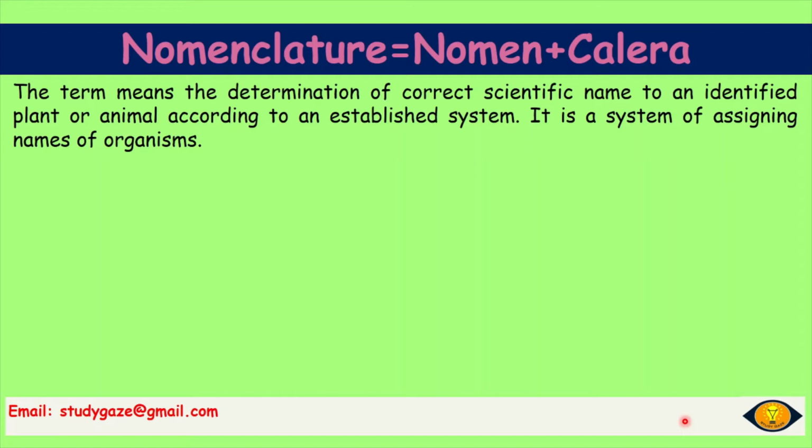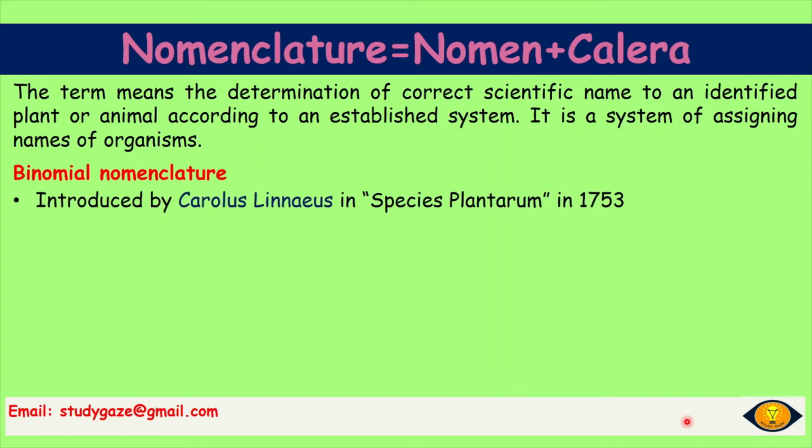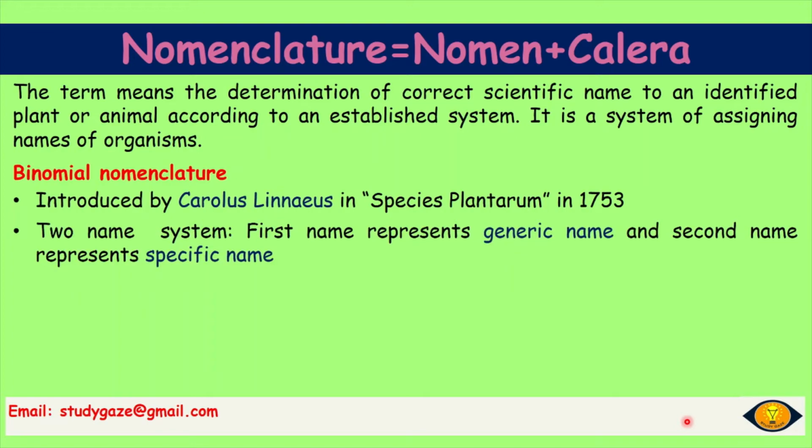It is a system of assigning names of organisms. The nomenclature has two parts and thus it is known as binomial nomenclature. It was introduced by Carolus Linnaeus in Species Plantarum in 1753. Two-name system is another name of nomenclature. The first name represents the generic name and the second name represents the specific name.